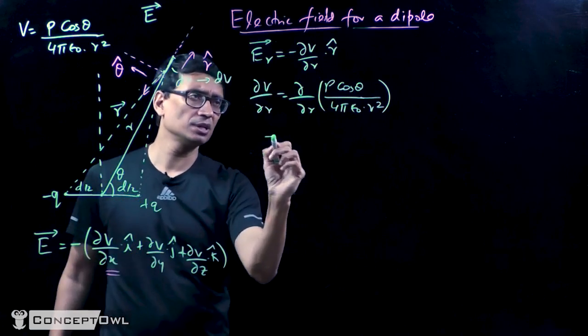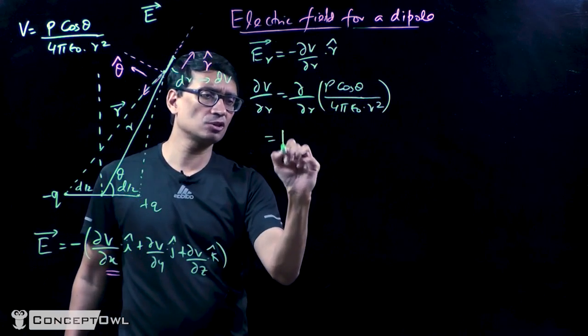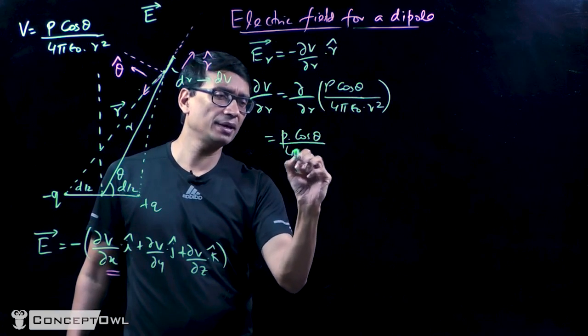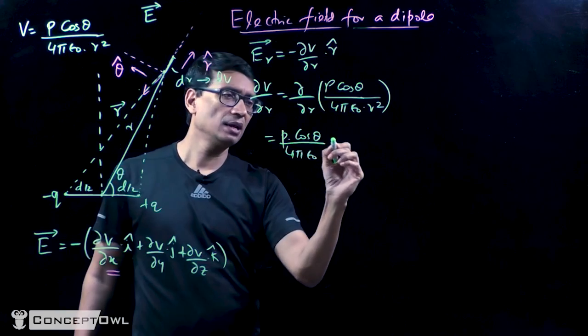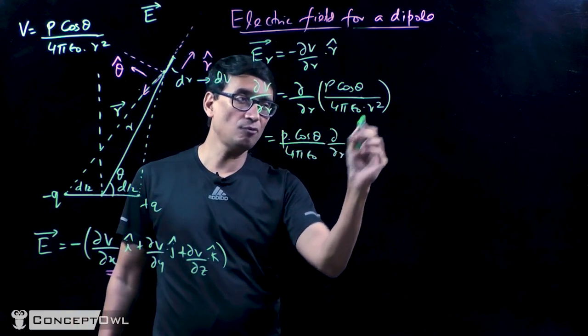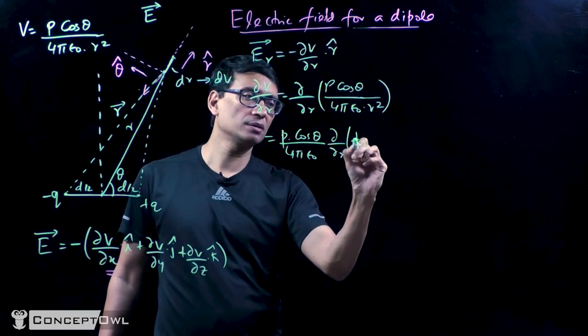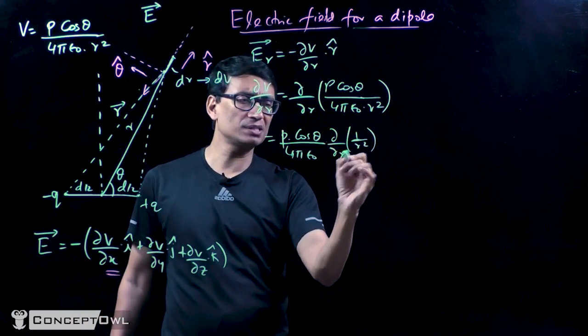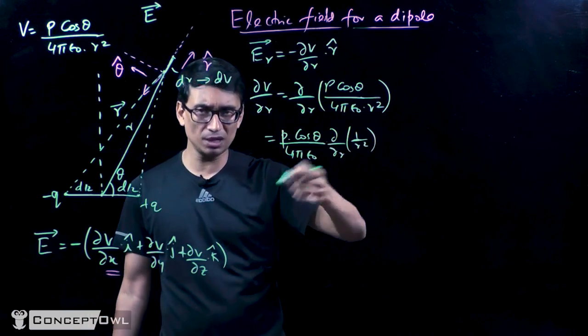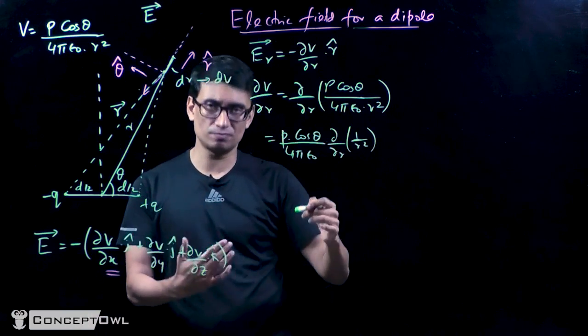So we'll take them out as a coefficient: P cos theta upon 4 pi epsilon naught, times del by del R of 1 upon R square. This is a simple derivative of R to the power minus 2, which is minus 2 upon R cube.